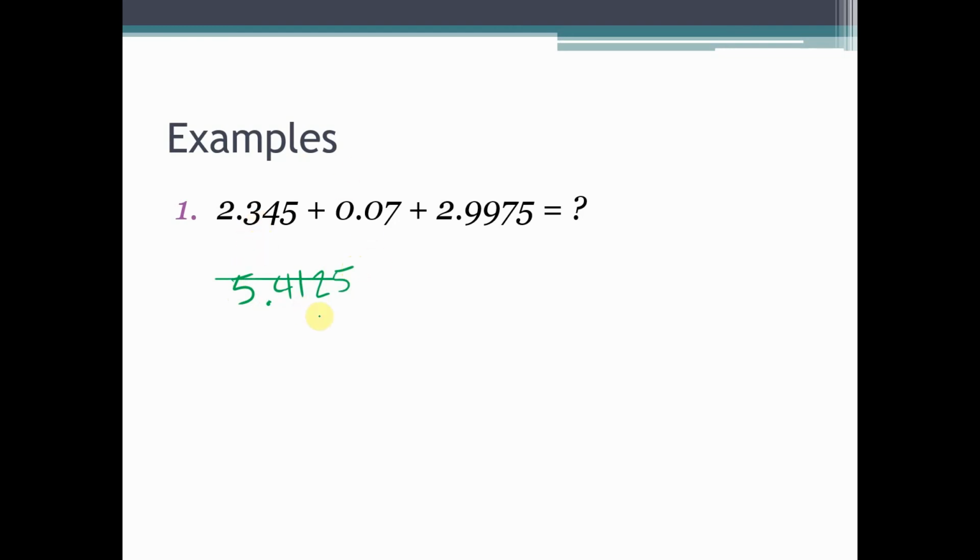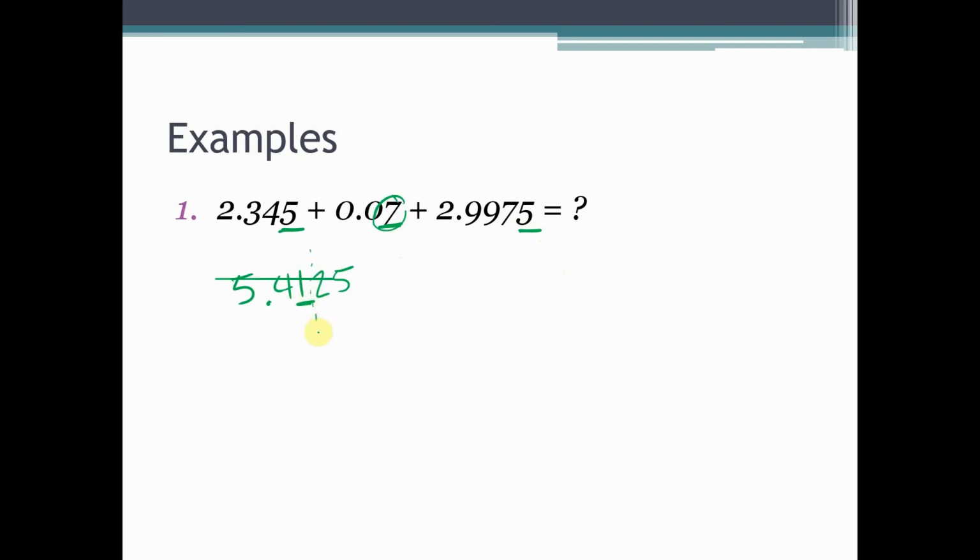But we have said that our answer should have the same decimal places as the measurement with the fewest decimal places. So here, our first measurement goes to the thousandths place. It has 3 decimal places. Our second measurement goes to the hundredths place. It has 2 decimal places. And our third one has 4 decimal places. So the smallest one is this one right here, which means our answer can only go to the hundredths place.